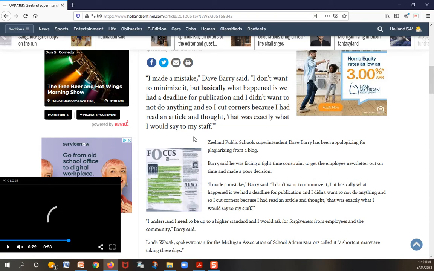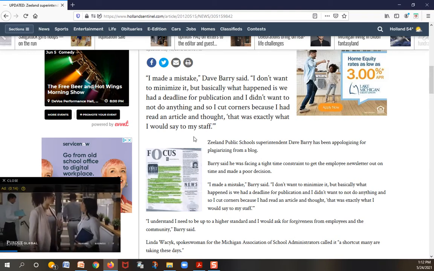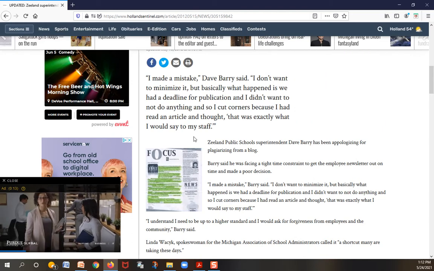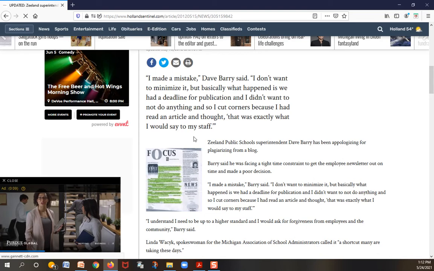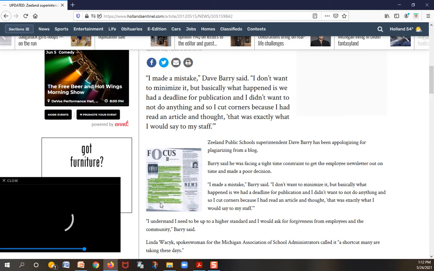But what happened was Dave Barry kind of left this to the last minute, and so he found an inspirational story from a blogger online, and he copied and pasted that story into his own newsletter. Now, it's hard to see, but everything you see in green here is word for word copied from that post. And nowhere in here does Dave Barry give credit for that.